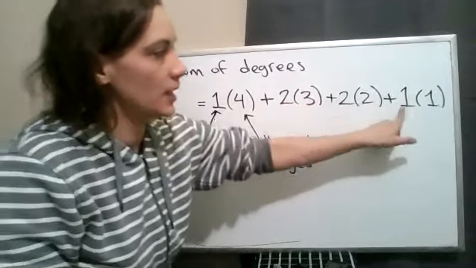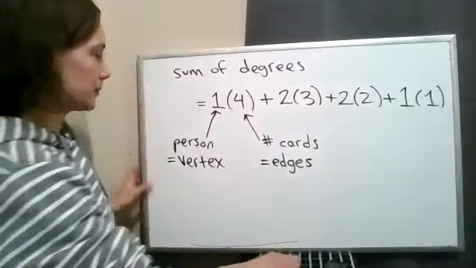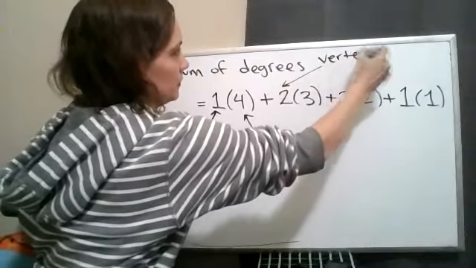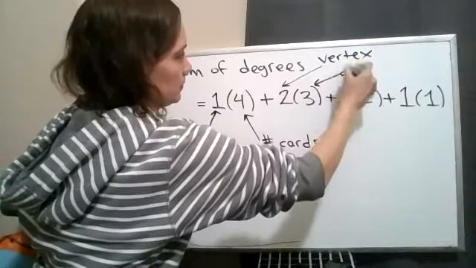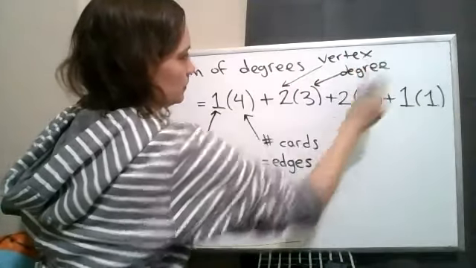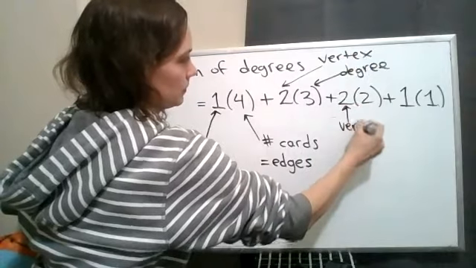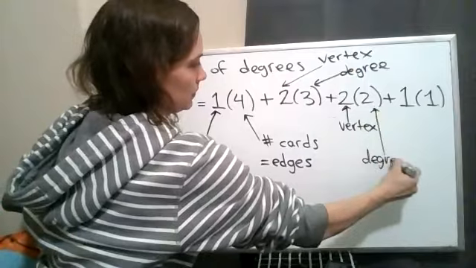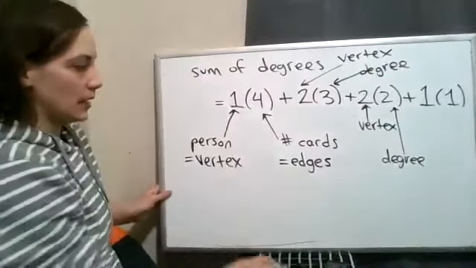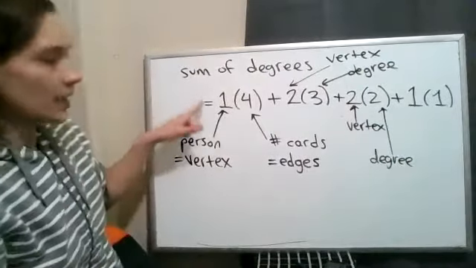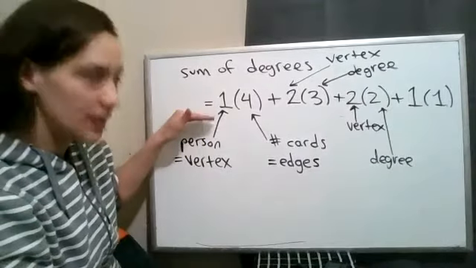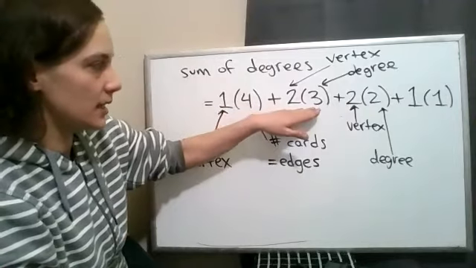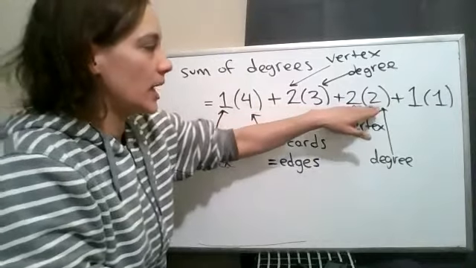Vertex, degree, vertex, degree. Okay, so the sum of degrees is 4, add 6, add 4, add 1.